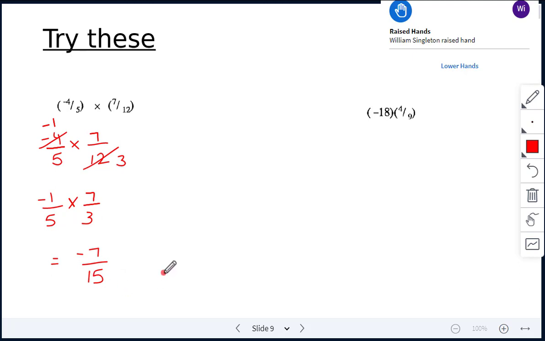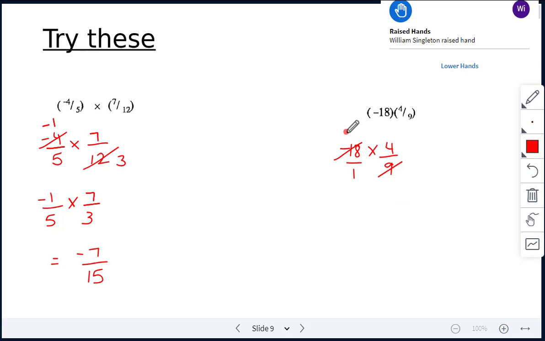All right, here we have negative 18, and then it's being multiplied by 4 over 9. Some of you might have shown that this is over 1, just to show that a whole number is always over 1. Then we can go ahead and reduce. Negative 18 and 9 can be reduced by dividing by 9.